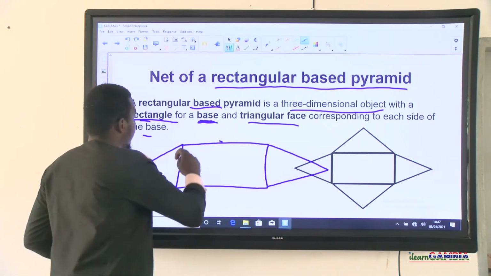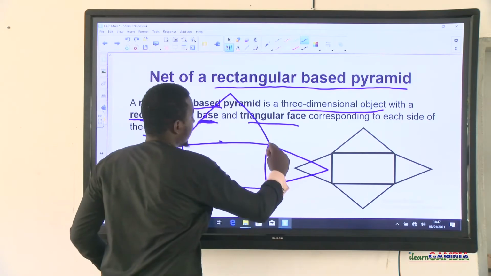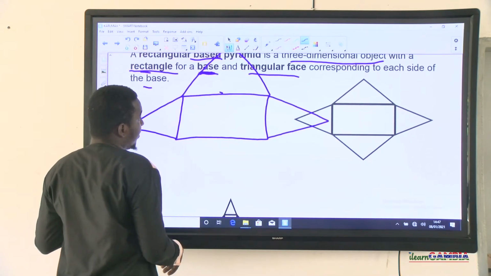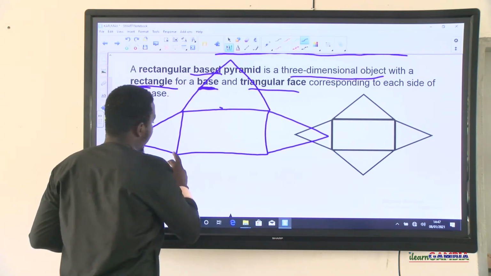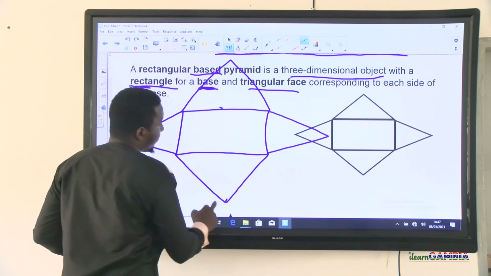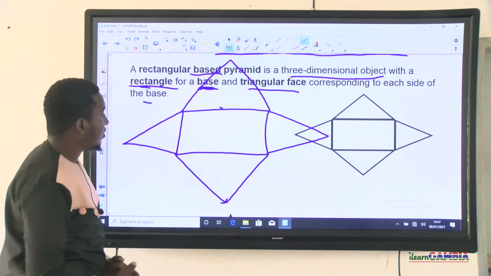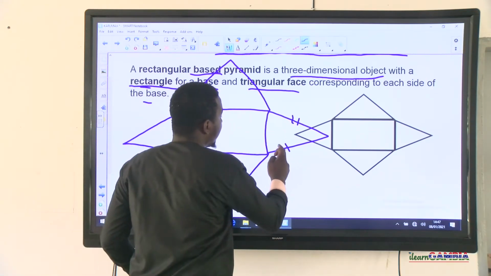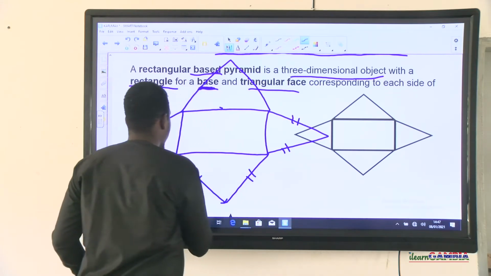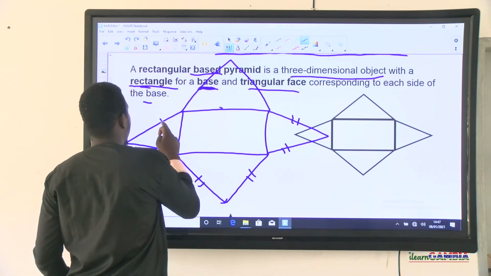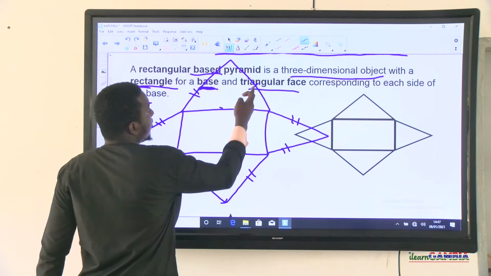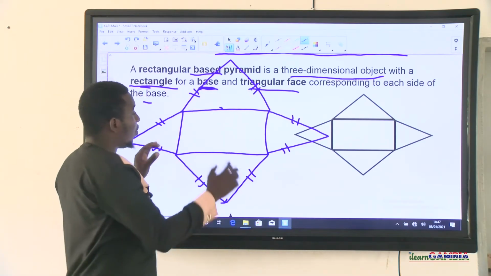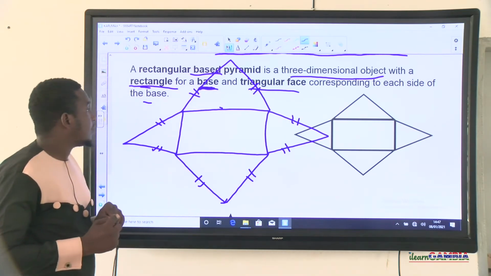Again, the triangle we have here should be equal to the triangle we have here. All this should be done in such a way that the sides of the triangles are equal, so that they will all meet at one point.